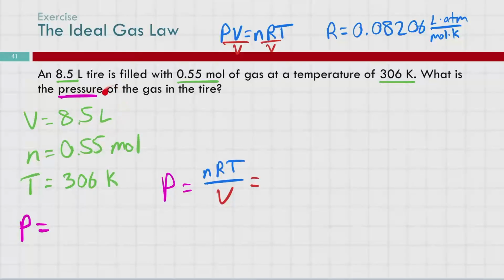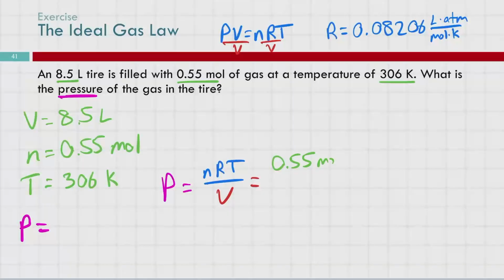We've got our volume in liters, and in R, we also have liters. We've got number of moles in moles. We've got Kelvin for our temperature, and Kelvin in our R value as well. And then pressure is going to end up with units of atmospheres, because that's the one that we haven't talked about yet.